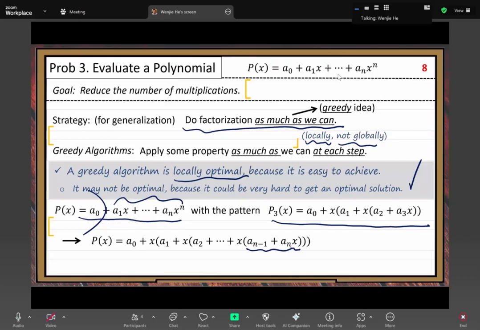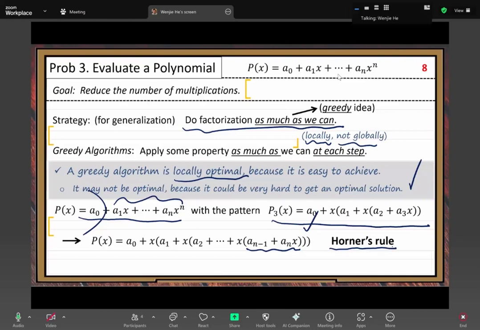In the last round, the innermost pair of parentheses, you cannot do any factorization. No more factorization. Then you stop. This special way, we call it Horner's rule.